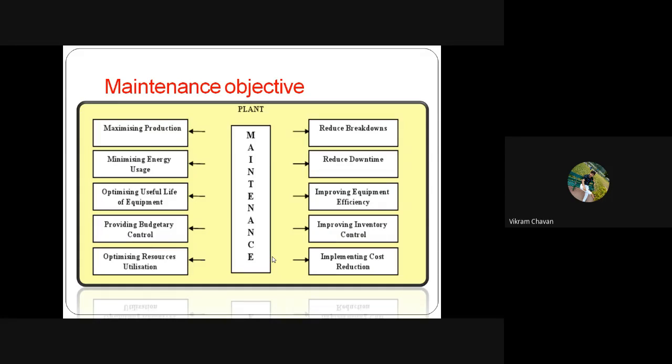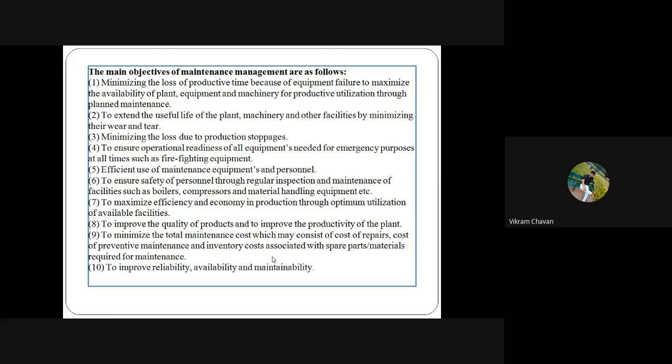So it will help to maximize production, minimize the loss of production and time because of equipment failure, and maximize the availability of plant equipment and machinery for productive utilization through plant maintenance. Then, to extend the useful life of the plant machinery and other facilities by minimizing their wear and tear.